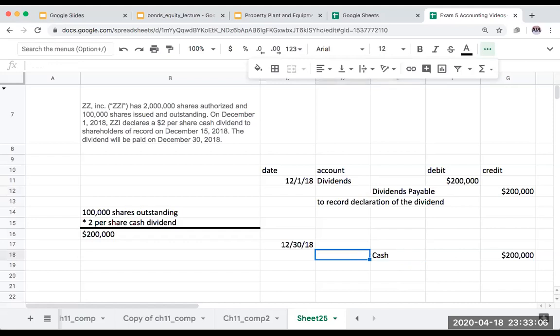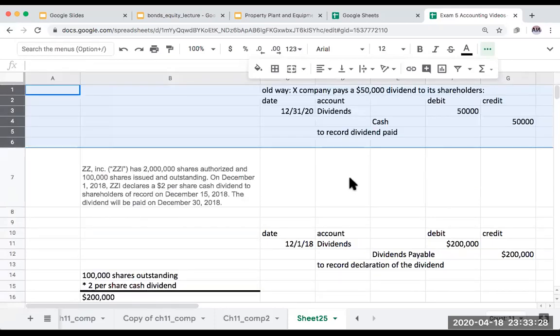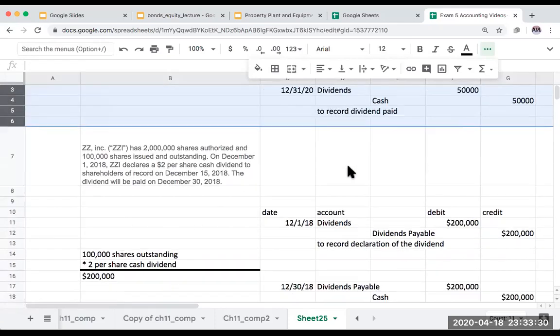So once I pay this out, I'm debiting, or reducing, my liability and crediting cash. This dividends payable is a holding account until we actually pay the dividend.